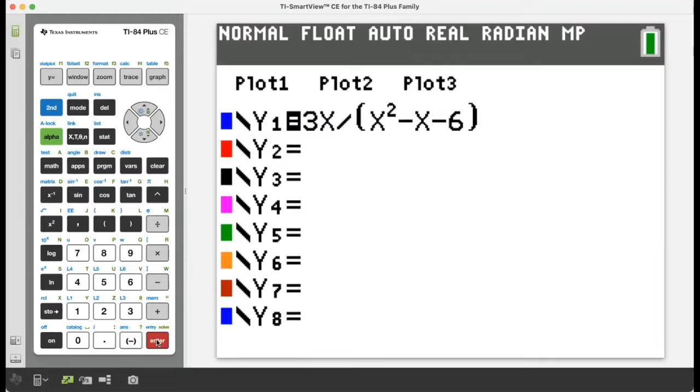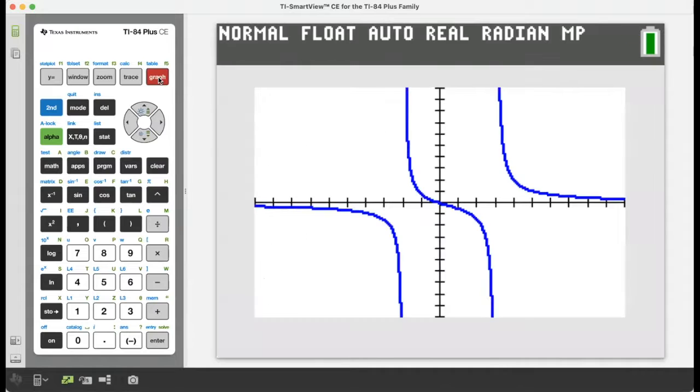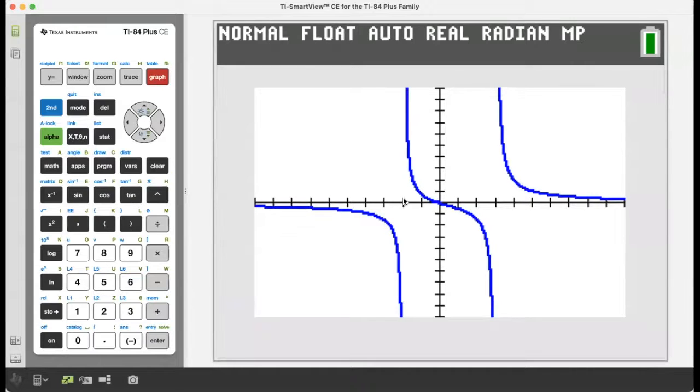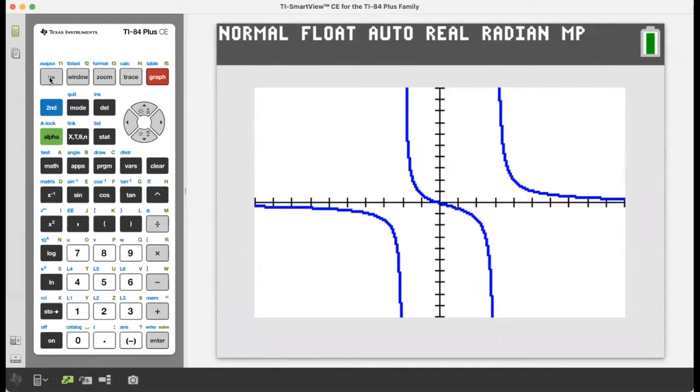Now, remember, we found that the function did not exist when x equaled -2 and when x equaled 3. So let's take a look at our graph. So notice that if you look at the function when x equals -2, the function does not exist there.